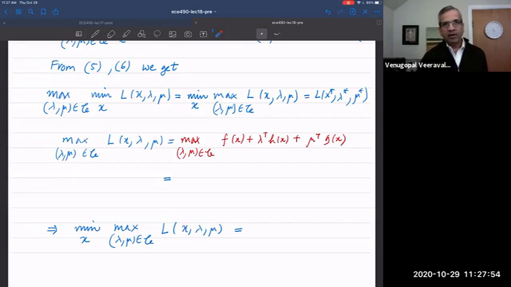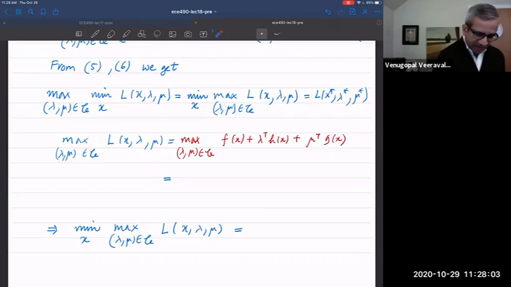Then by taking that corresponding mu parameter to infinity, I can make this max go to infinity, right? So basically the maximum only makes sense when you're in the constraint set. So this maximum is infinity if x does not belong to the constraint set.